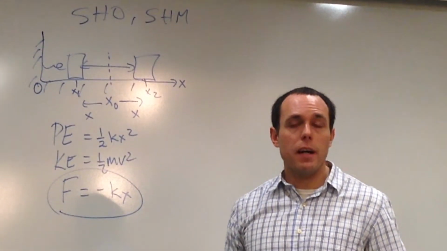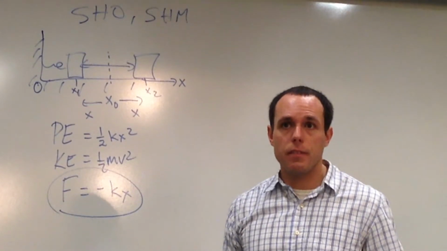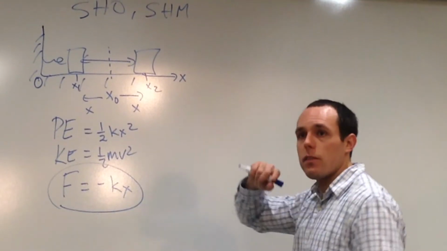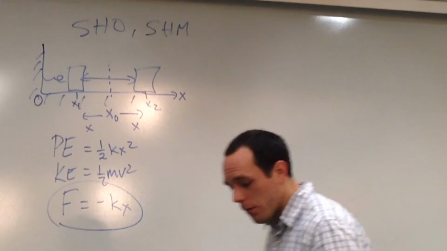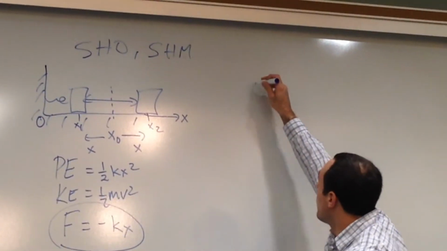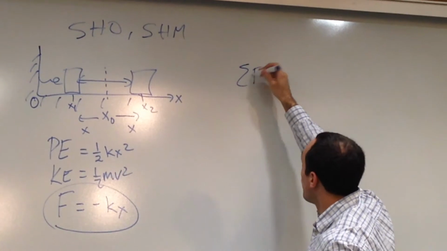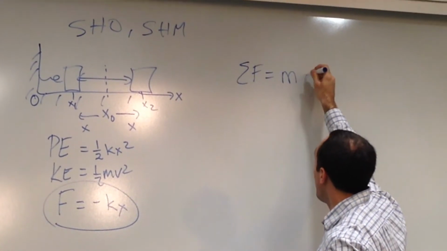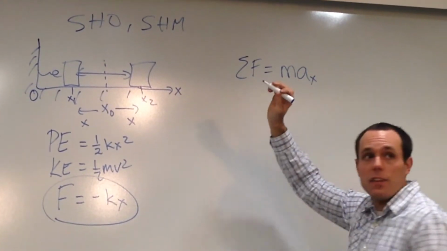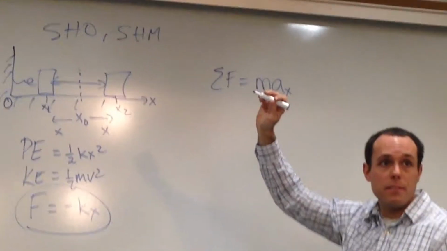So with that in mind, I have to look at its motion. In terms of its motion, we're just going to go from the definition of force. Sum of all forces is equal to ma. Let me write it specifically as x because I'm talking about the x direction.